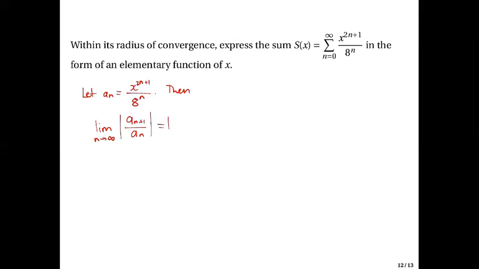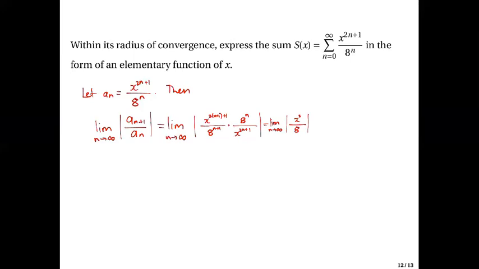This is just the limit as n approaches plus infinity of the absolute value of x raised to 2 times n plus 1 plus 1 over 8 raised to n plus 1, times 8 raised to n over x raised to 2n plus 1. Then we close the absolute value. If we simplify this, we have the limit as n approaches plus infinity of the absolute value of x squared over 8.